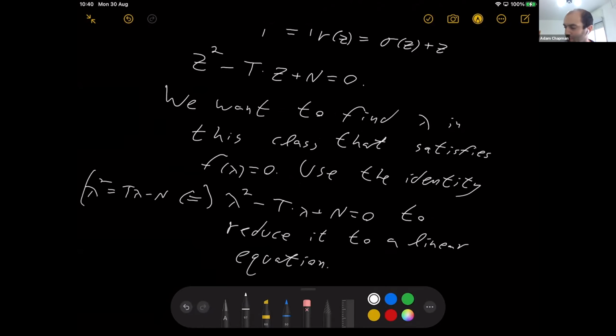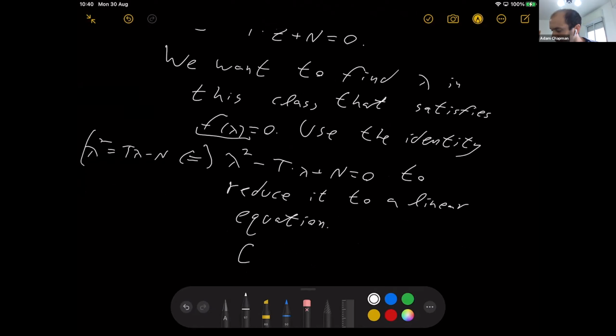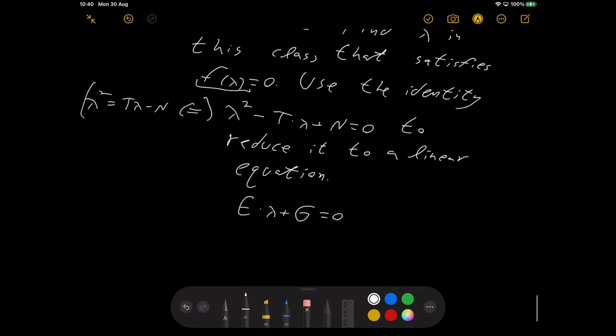So anytime you have a power of lambda larger than 2, you just reduce it by one power by plugging in this thing. t and n are central, so they don't interfere with anything. They don't bother you at all. You repeat that any number of times you need to reduce it to a linear equation, so you end up with some e times lambda plus g equals 0, and then lambda is negative e inverse times g.